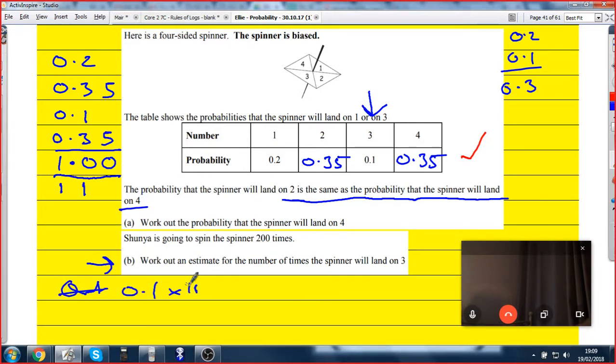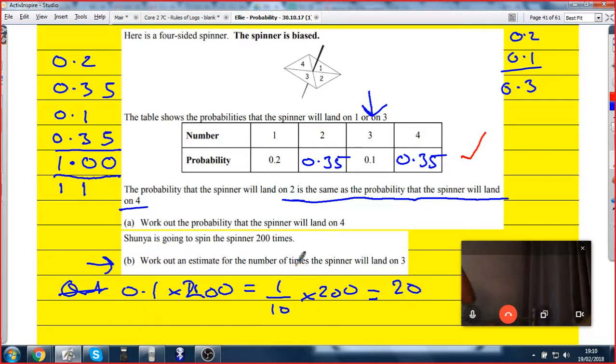I don't know. 0.1 is the same as 1 over 10. So 20. Yeah, 20. Basically 200 divided by 10.